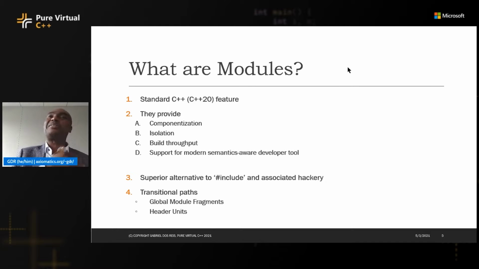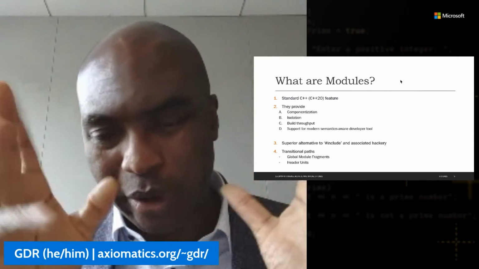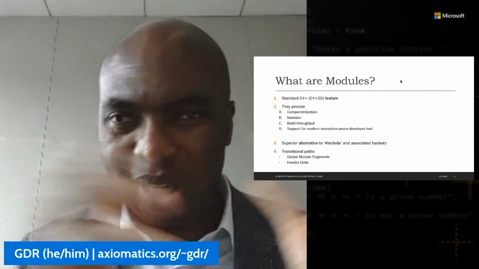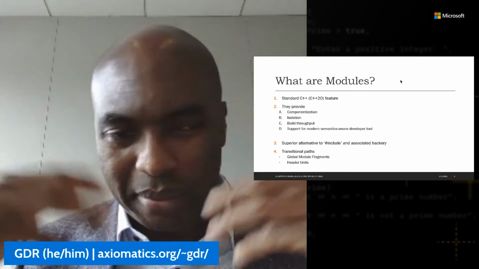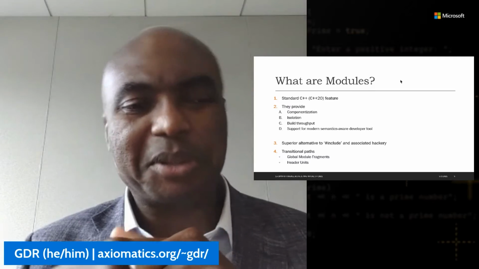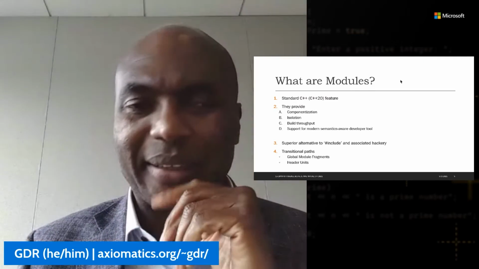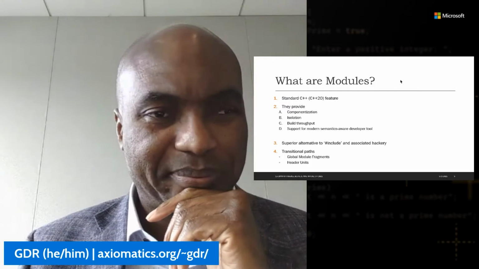Is there any transitional path from this messy world we are in today to the bright new future tomorrow? And the answer is yes. The spec for modules comes with at least two ways of transitioning from the messy hash includes to the better structured modules: global module fragments and header units. I will say shortly a few things about those.